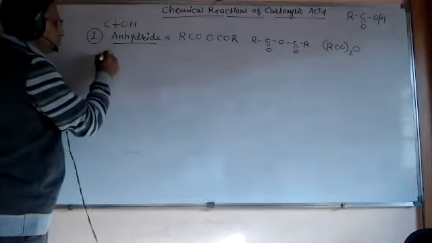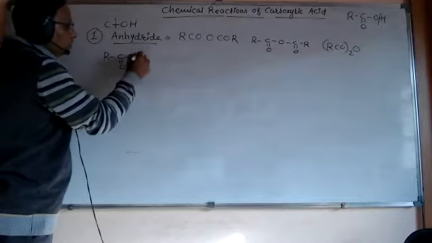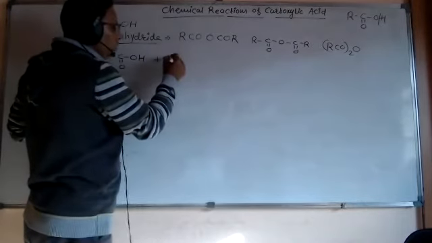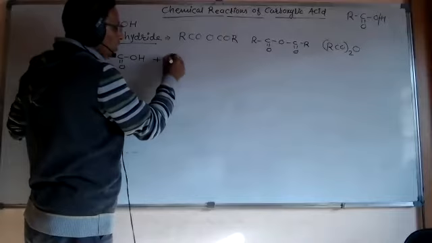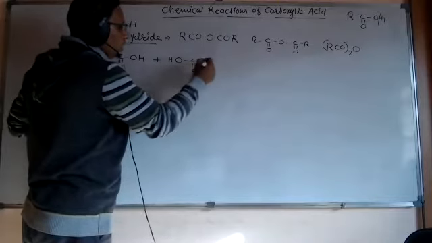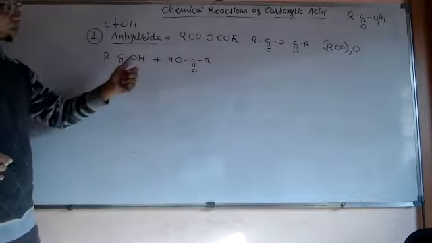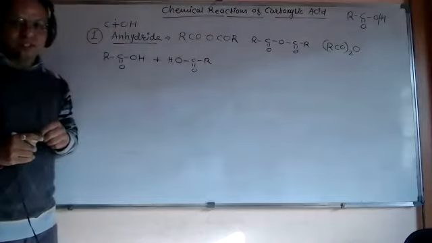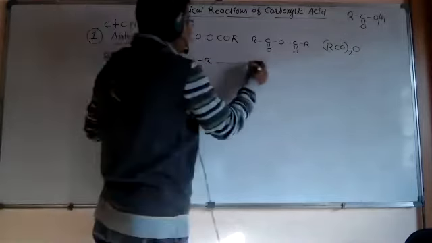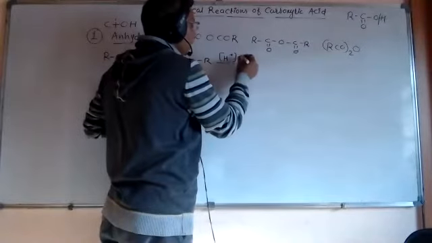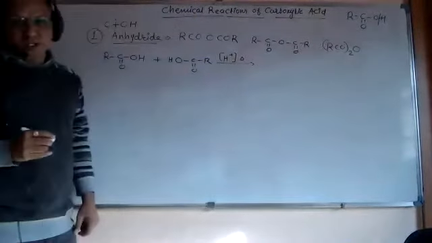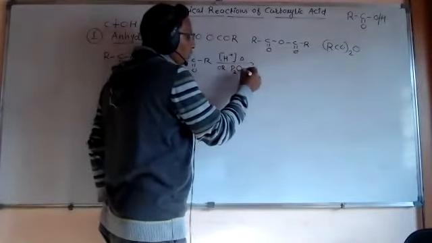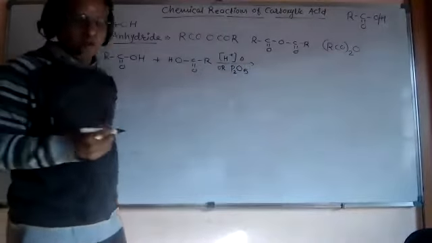For that we have to take the carboxylic acid molecule. This is a common formula, friends, RCOOH, and then one more RCOOH is to be taken. So two different molecules of acid, the R's may be equal or different, and in presence of any other acid as catalyst, delta temperature is required, or sometimes instead of acid we can consider P2O5 as a catalyst in presence of temperature.